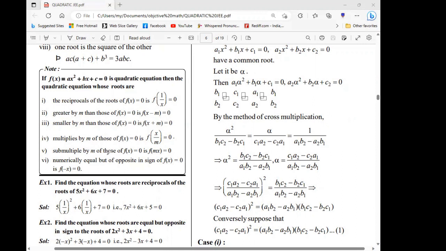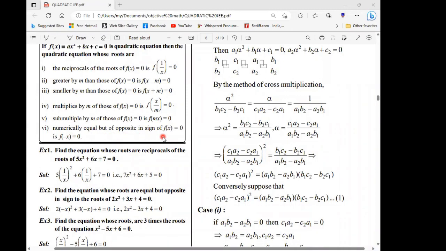Submultiples of m means division. That means if alpha, beta are the roots, alpha by m and beta by m are the new roots of the equation. Then the equation becomes f of mx equal to 0.